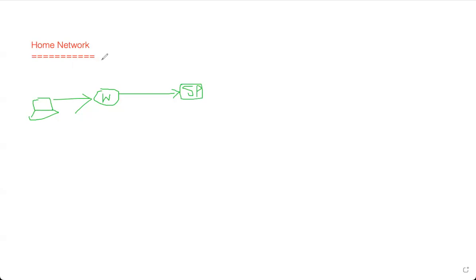All of the routers in your street will be connected to that service provider router, and that will be connected to their mainstream router inside their data center or office space, the centralized location. Let's call it the service provider office router. And that will be connected to the internet.